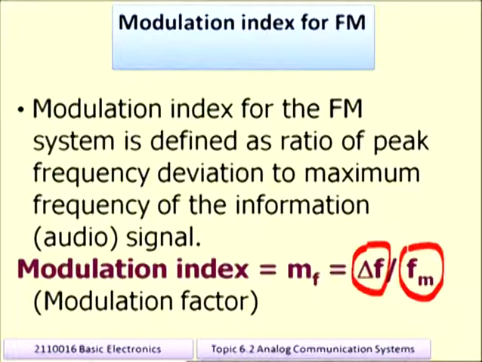The information signal is also called the modulating signal, and the output of the modulator is the modulated signal. The highest frequency present in the modulating signal is fm. So the modulation index in FM is defined as Δf divided by fm.